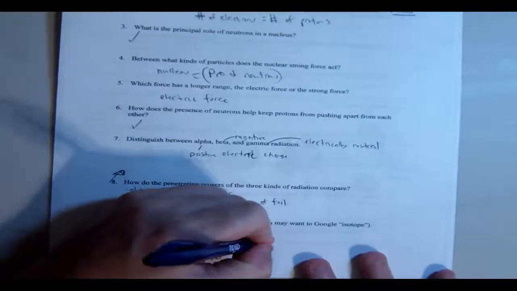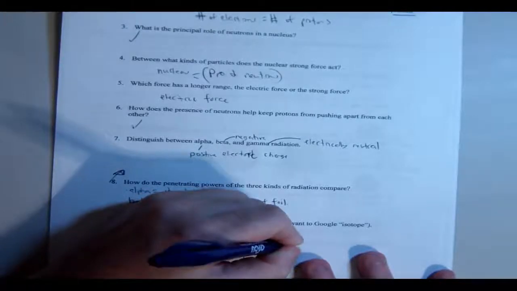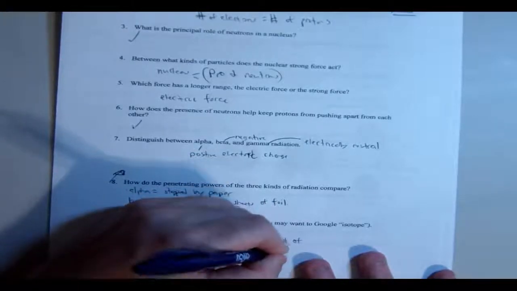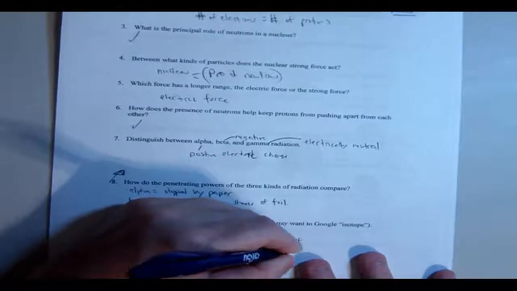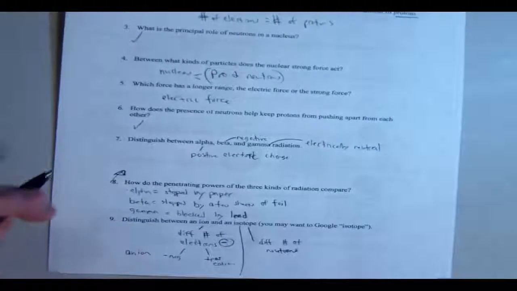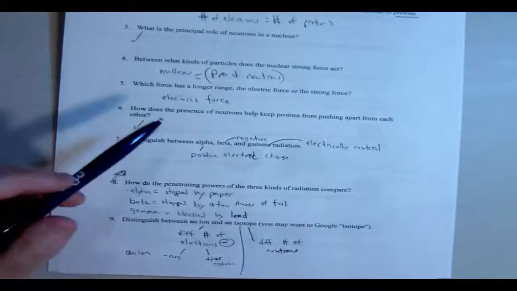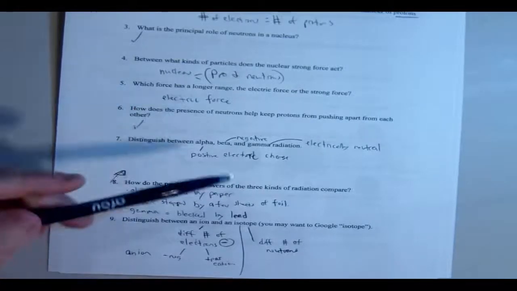Isotope. We talked about isotope when we did the vocab, but isotopes have a different number of neutrons. When you guys do this, write stuff out, don't abbreviate. I'm abbreviating, please don't abbreviate. Give me a few more words, it's not very hard.